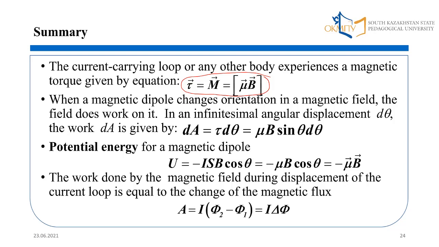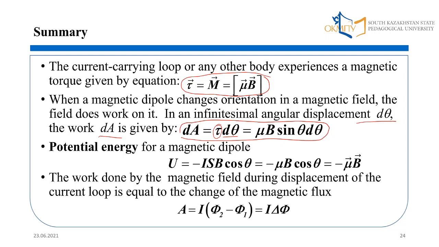When a magnetic dipole changes orientation in a magnetic field, the field does work on it. In an infinitesimal angular displacement d theta, the work is given by this expression. So the work done by the magnetic field is equal to the magnetic torque times the angle through which the loop is turned in the magnetic field.